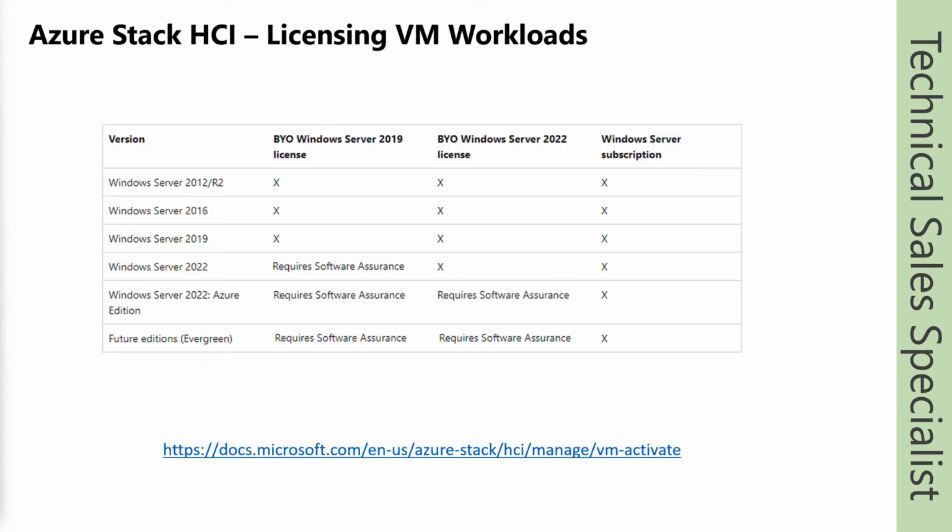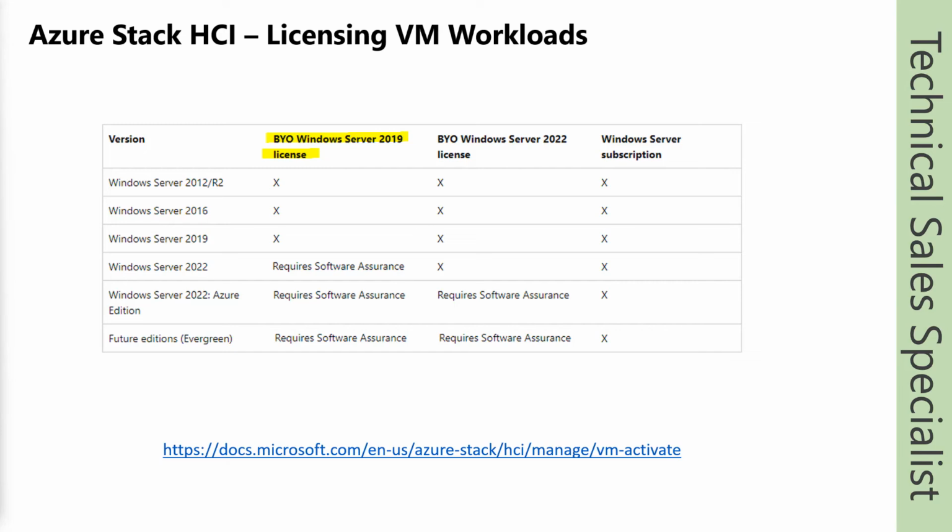Let's compare a little bit the different licensing options for Azure Stack HCI VM workloads. You can use a bring your own license for Windows Server 2019. It's possible to use this Windows Server 2019 Datacenter license with Azure Stack HCI.